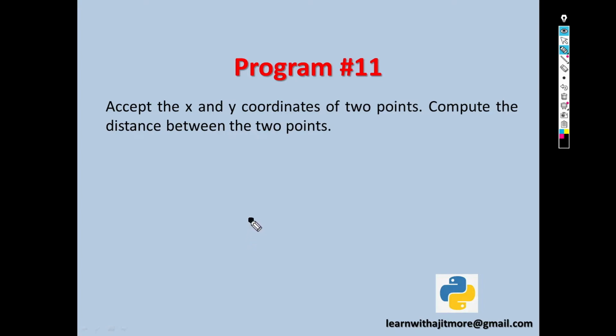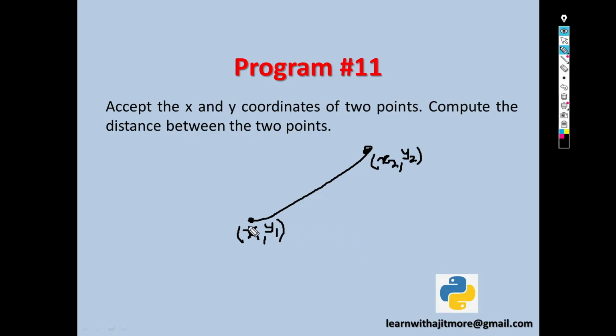One point and another point, both x and y coordinates, we will call this x1 and y1, and the other coordinate of that line is x2, y2. And we have to calculate the distance between these 2 points.